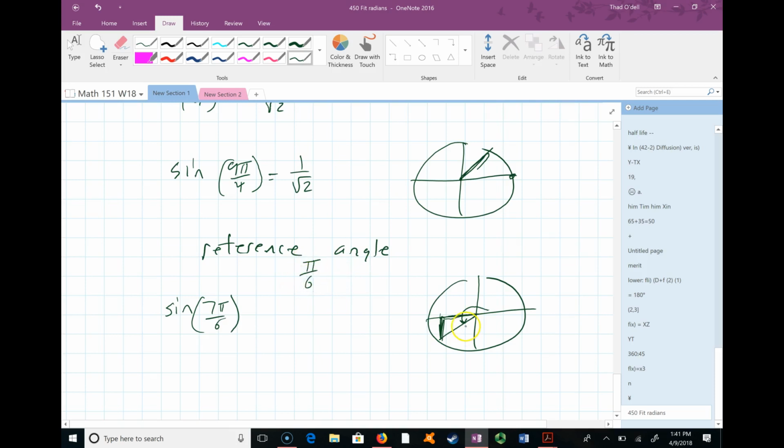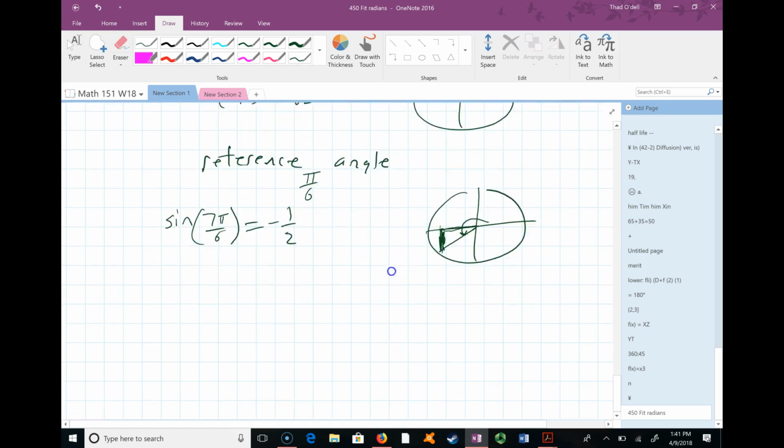In other words, pi over 6 is the angle of the triangle that I'm using to find the values. So the sine value of 7 pi over 6 would be this value right here, because sine is y. That's the opposite side of this angle. And it's the short side because we have pi over 6 there, right? So that would be 1/2. And it's going down, so it must be negative 1/2.